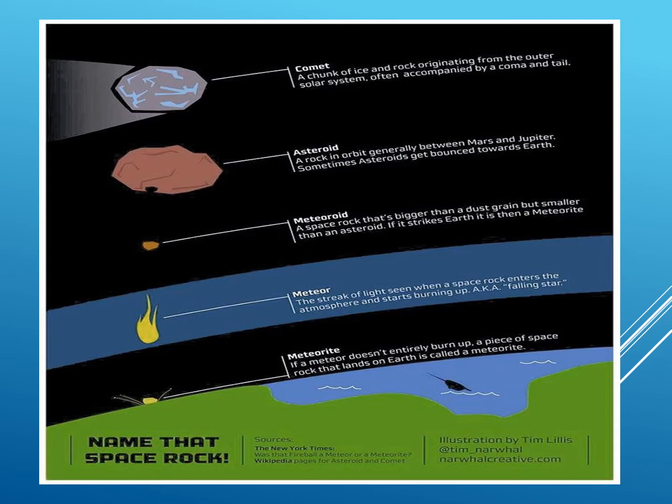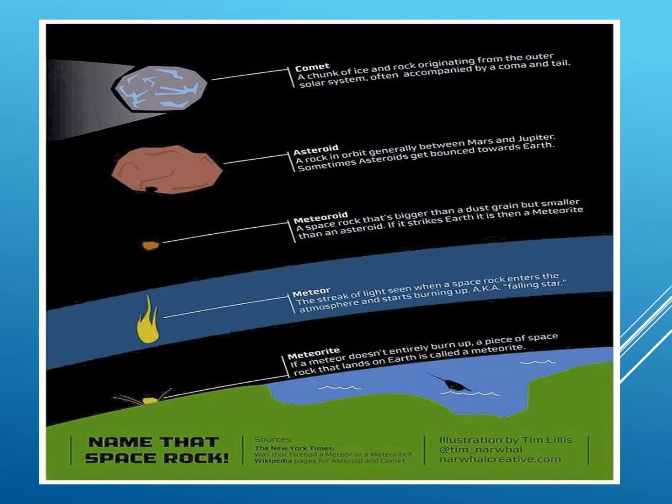And of course, we have the meteoroid, a space rock that's bigger than a dust grain but smaller than an asteroid. When it strikes Earth and hits the ground, it is then called a meteorite.